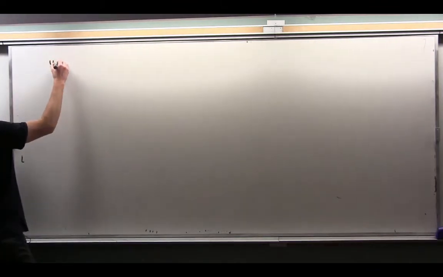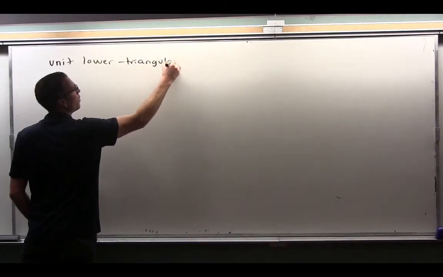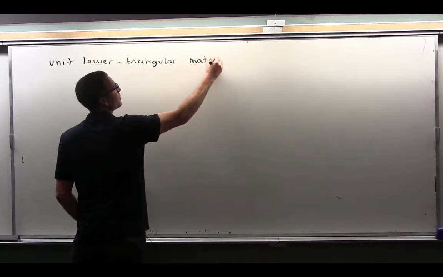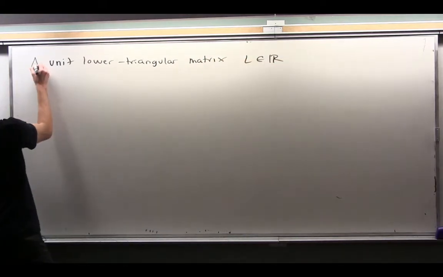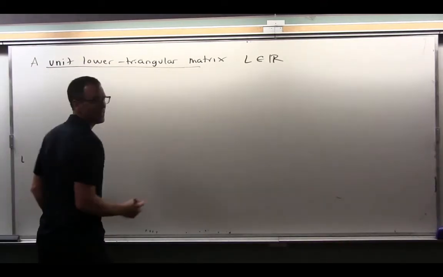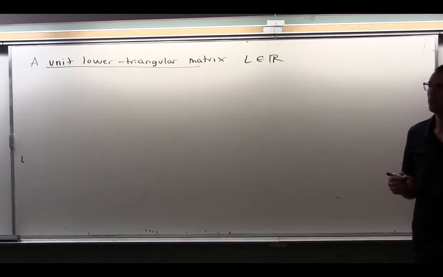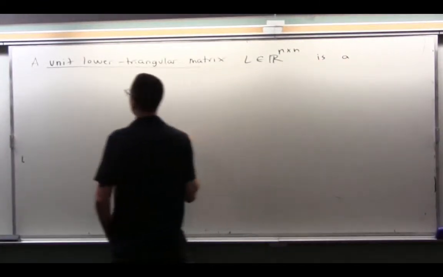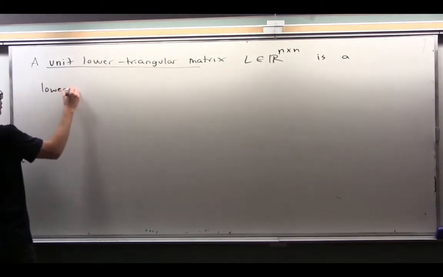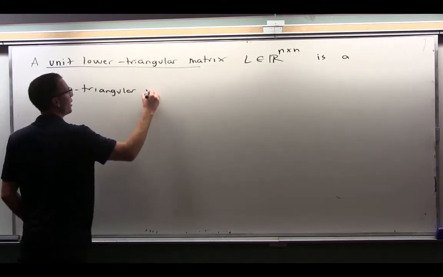So one of the things I want to say is what we call a unit lower triangular matrix. Triangular matrix, L, because it's lower triangular. Could you guess what size these things have to be? What is every special matrix that we've defined so far? What size is it? Square, n by n, is a lower triangular matrix. What does it mean immediately when I have a lower triangular matrix?